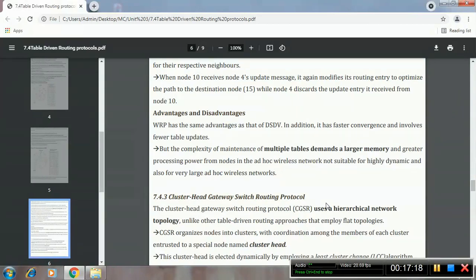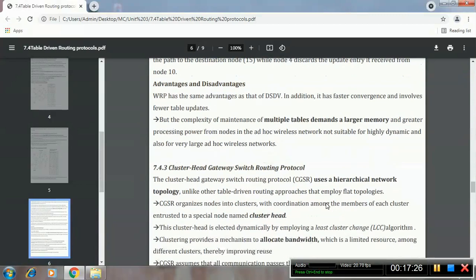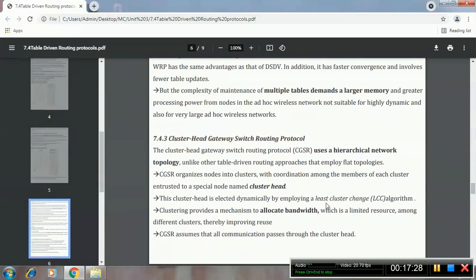Much power is going to be consumed from nodes in the ad hoc wireless network, so it is not suitable for highly dynamic and very large ad hoc wireless networks. It is somewhat complex to maintain.